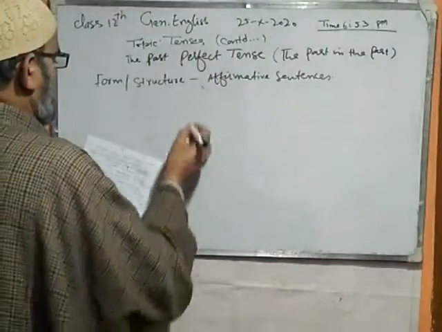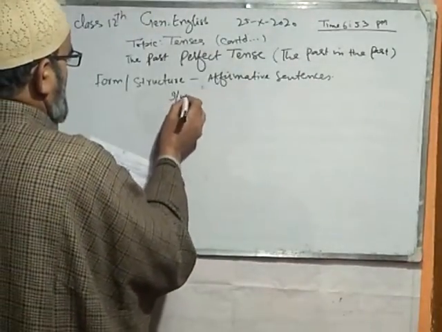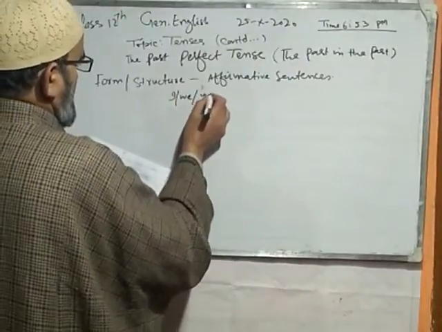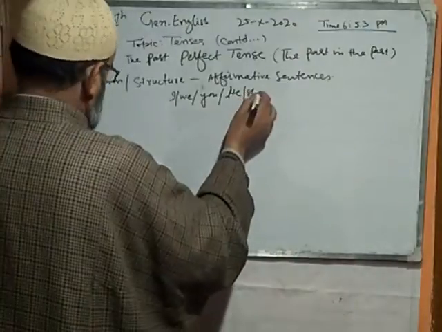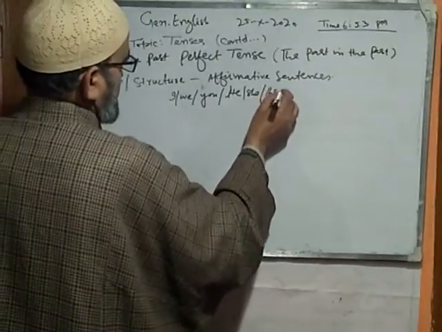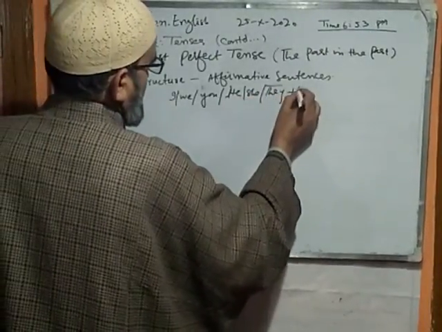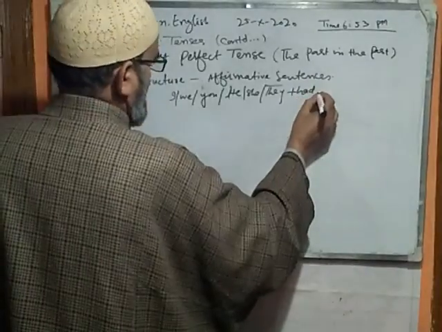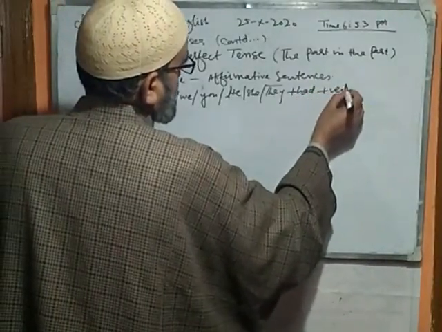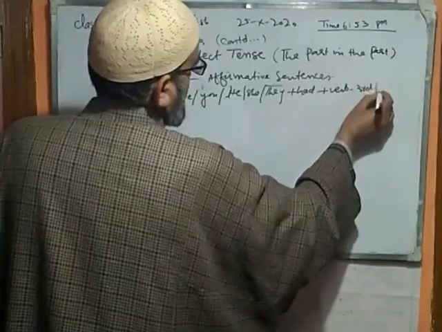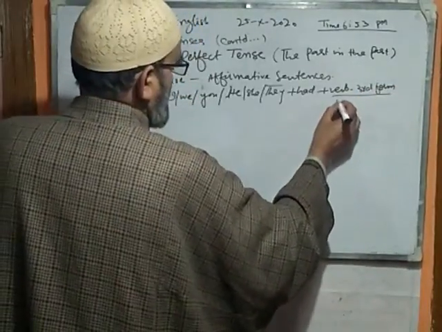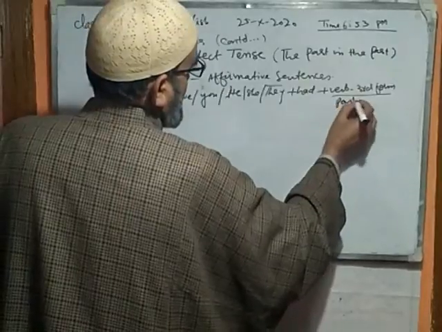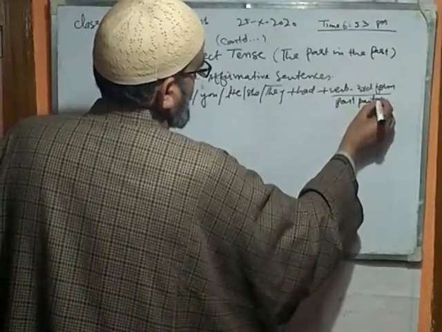For affirmative, the formal structure is I or we or you or he or she or they plus had plus verb third form or past participle.